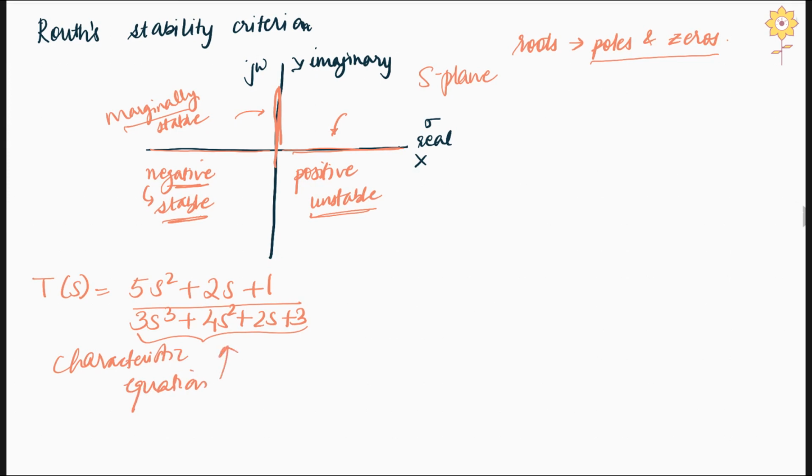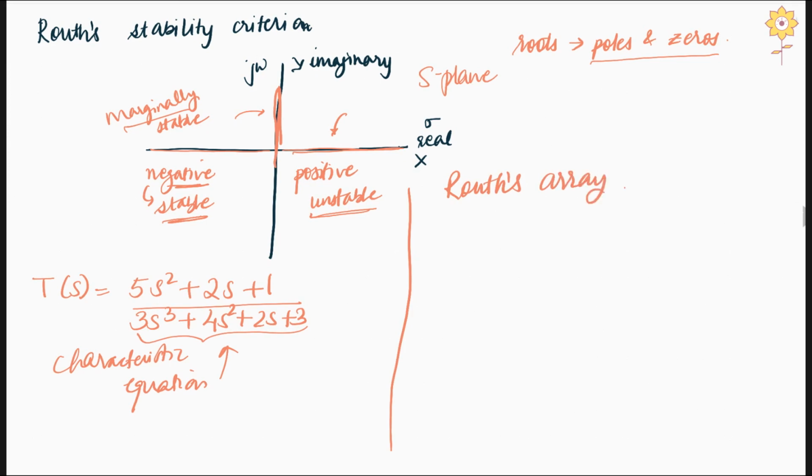To solve Routh's stability criterion numericals, the first thing that we need to do is form Routh's array. And how do we do it?